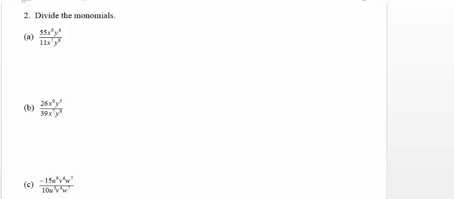So let's divide the monomials. In our first example, we're going to divide 55 by 11, and that'll be multiplied by x to the 9th divided by x to the 7th, and that'll be multiplied by y to the 6th divided by y to the 8th.